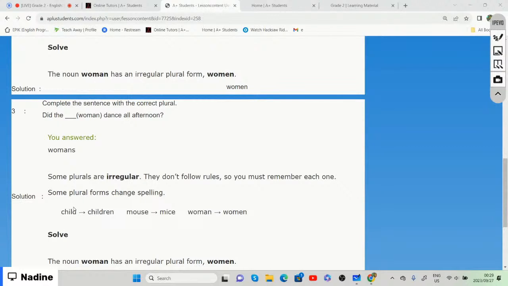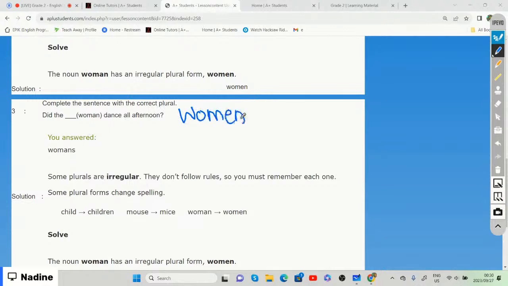Woman is the singular form for women. Women, and we basically change the O to an E. So women, right? That is the plural form of woman. So did the women dance all afternoon? Women, which means that our irregular plural noun is women.